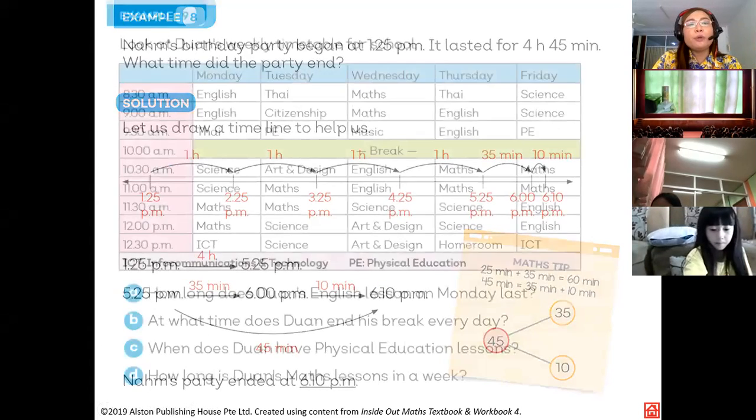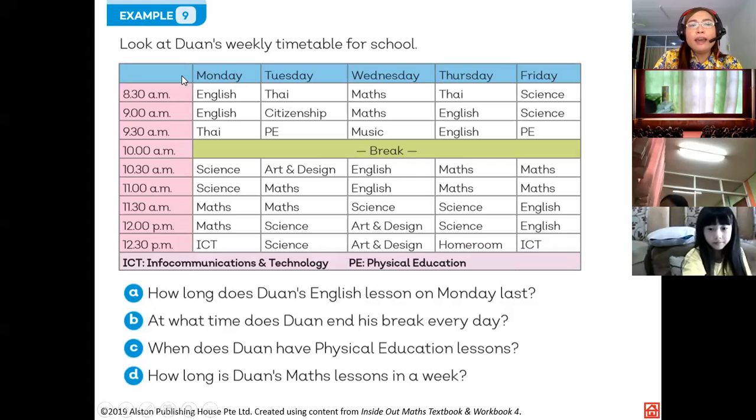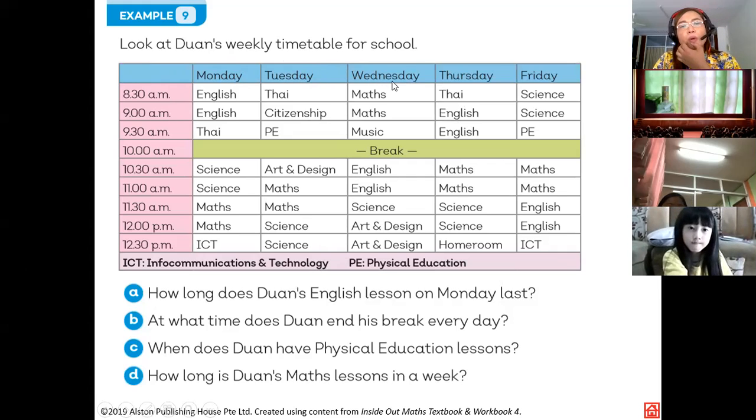Okay, page 42. So look, we have Duan's weekly timetable. This is the schedule of Duan's weekly timetable for school, right? As you can see, we have Monday, Tuesday, Wednesday, Thursday, and Friday.